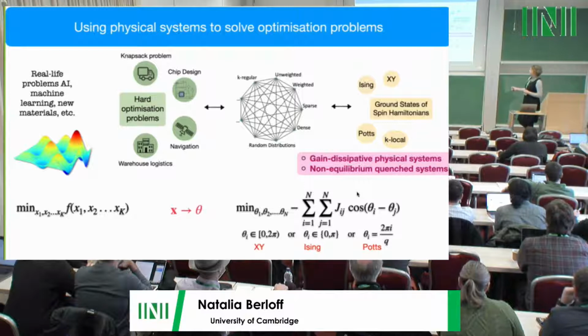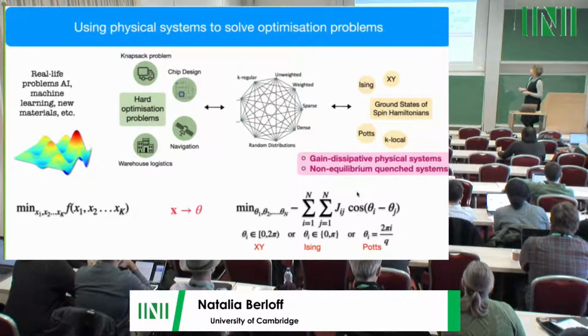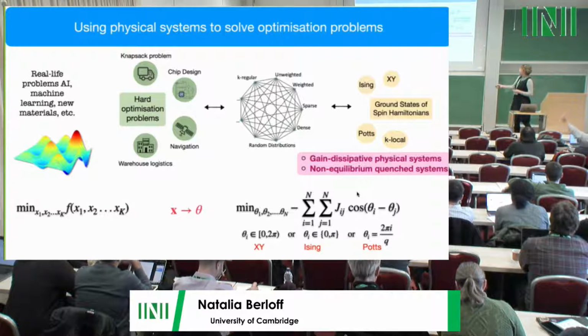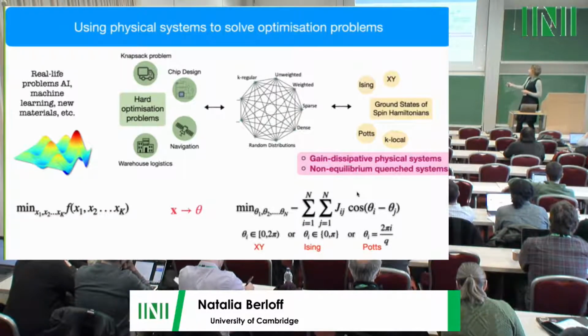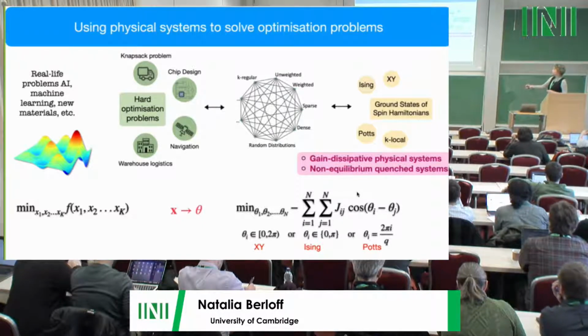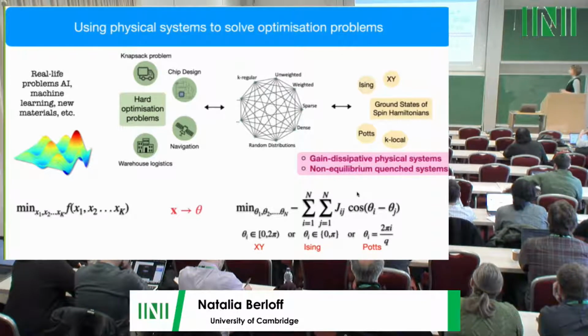I map these variables onto, let's say, phases of the variables, and then I'll have n of those. Again, the growth is only polynomial. Then the structure of this function is mapped onto the couplings between these variables. So the entire structure of the function that I'm optimizing is contained in the coupling strength that represents the connection between the ith variable and the jth variable.